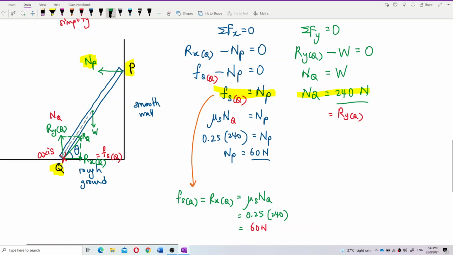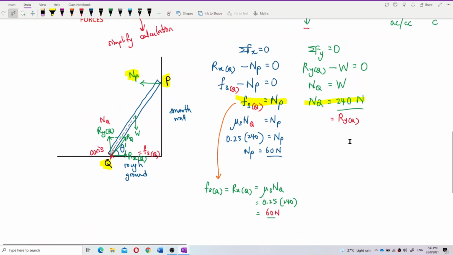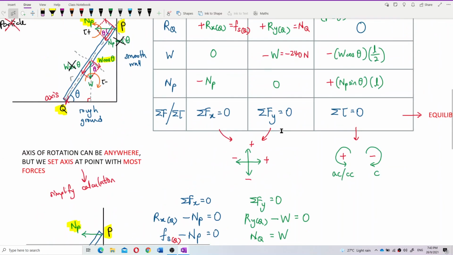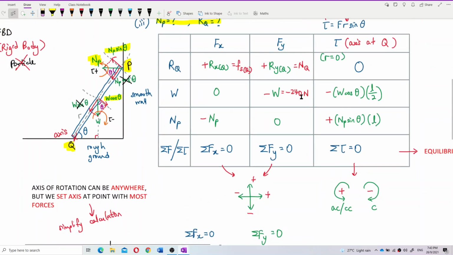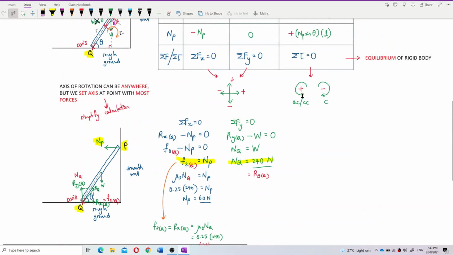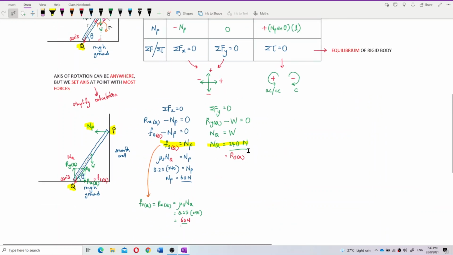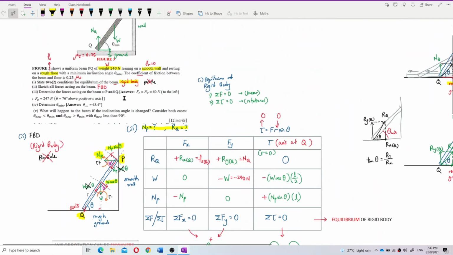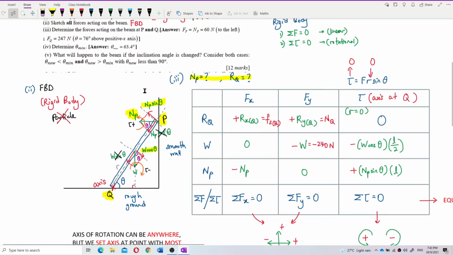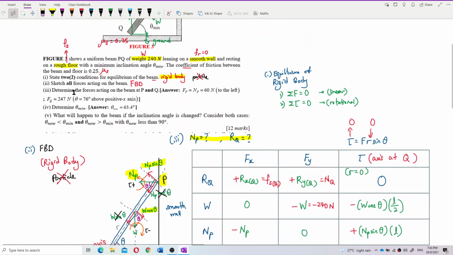Okay, so let's write down all the information we have over here. So what's the answer for the forces acting on P and Q?